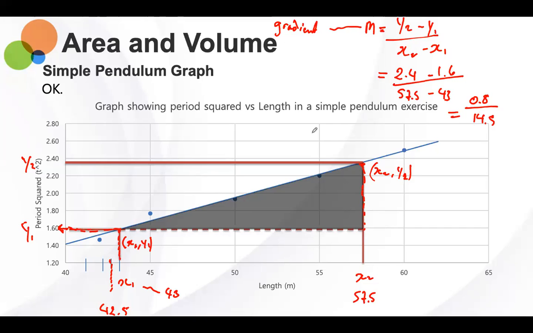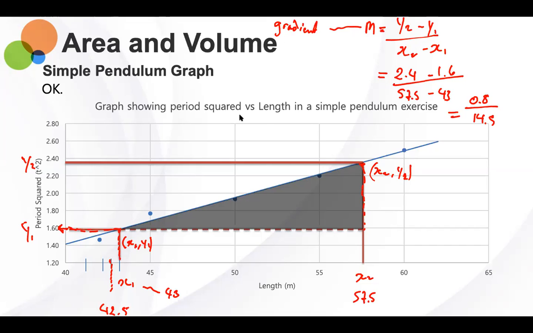What would you do in this situation? We have 0.8 over 14.5. How do we find our final answer? Divide. So we divide 0.8 by 14.5. What's our final answer? 0.05.